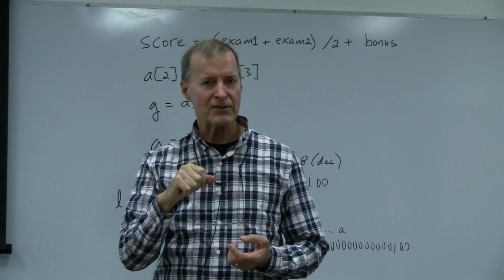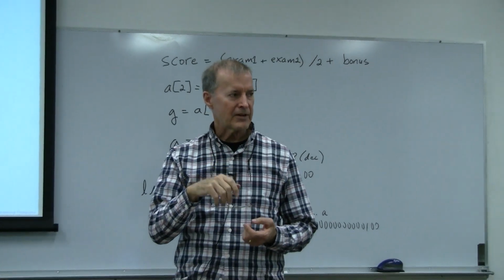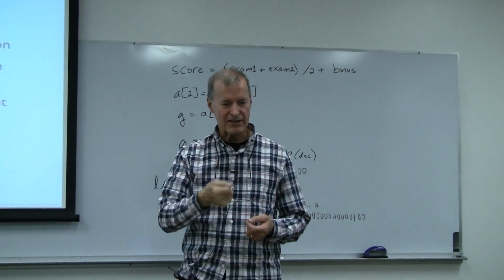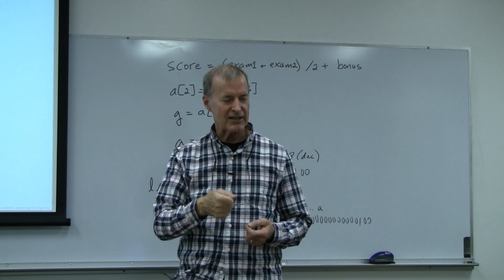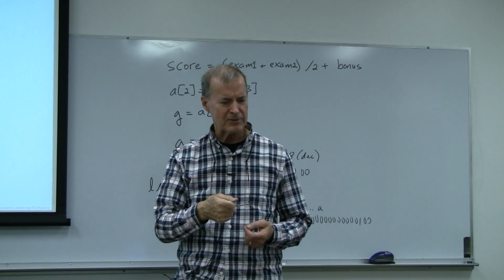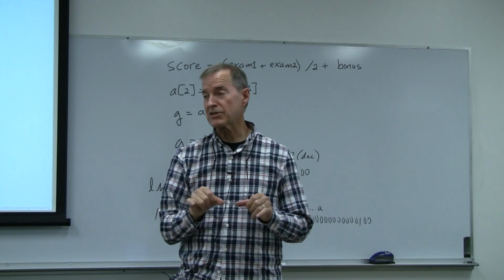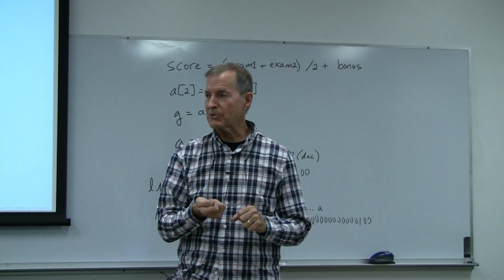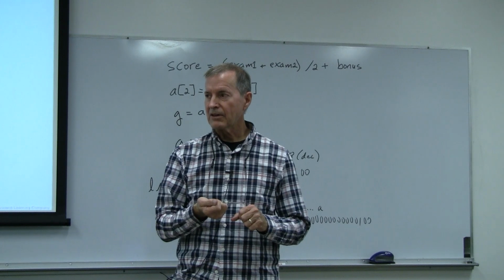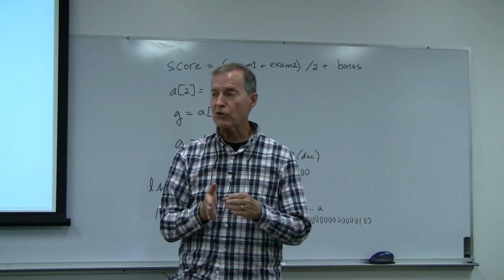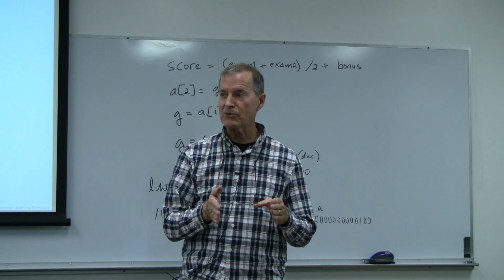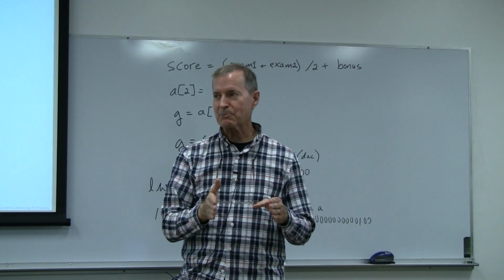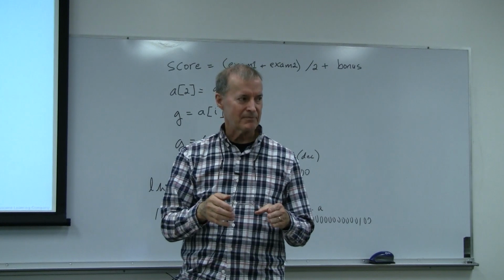We had to put the index in the index register, and then, if each integer is 2 bytes, do an arithmetic shift left to multiply it by 2, because there are 2 bytes per cell. Remember that?